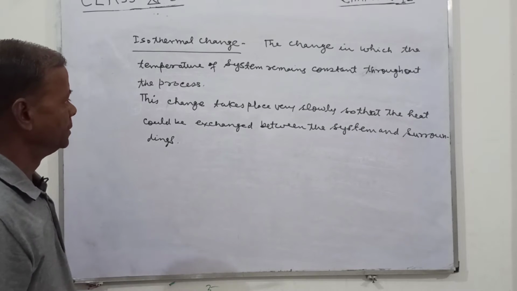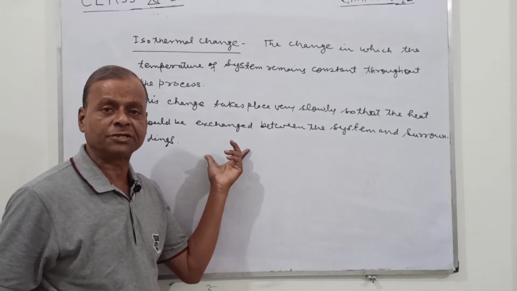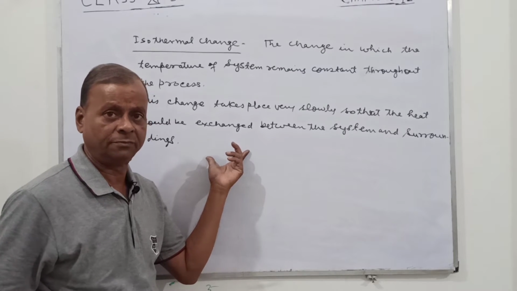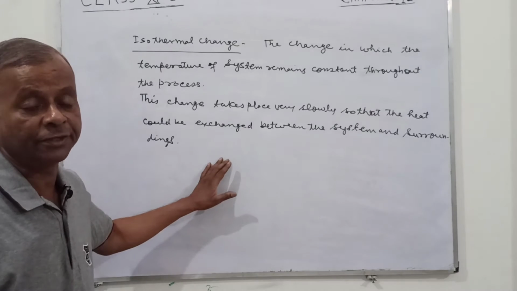It means that the heat must get sufficient time to go out of the system and to come inside the system. So to keep the temperature constant, this process takes place very slowly.